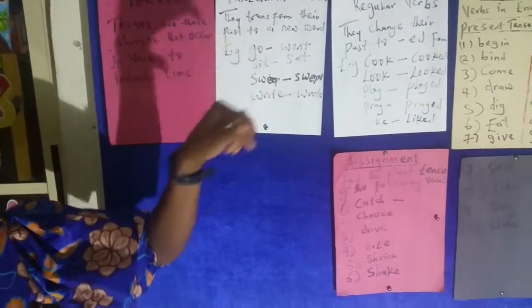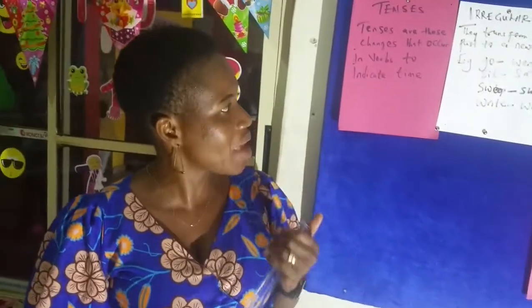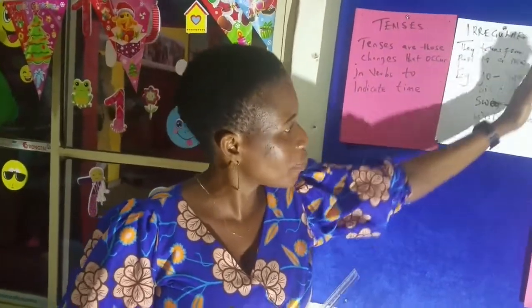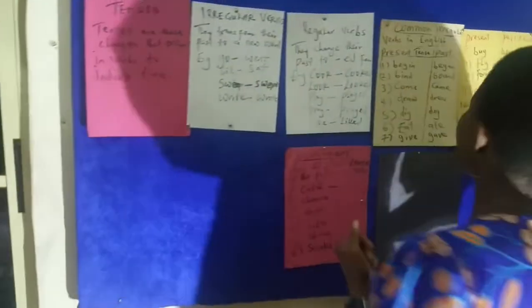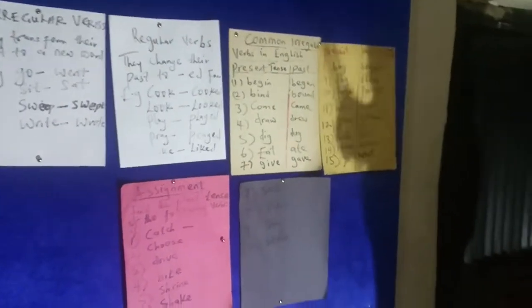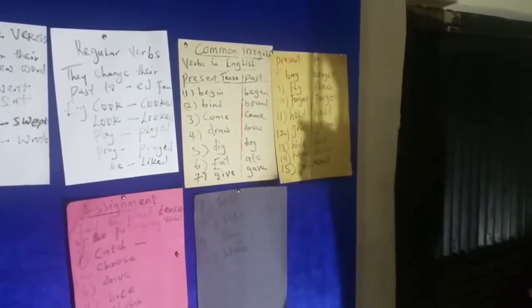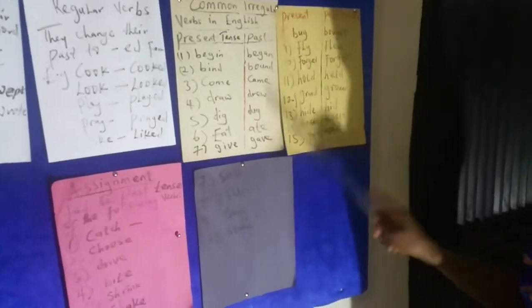She sat on my seat last year. So when you are talking about these irregular verbs, you must make use of the past and the present tense correctly. And we have some common irregular verbs, as I said earlier. When you are making sentences, you ask yourself, the sentence I'm making, is it present or past? You should be able to know that present tense is for action that is habitual or constant, while past tense is used for something that happened before.